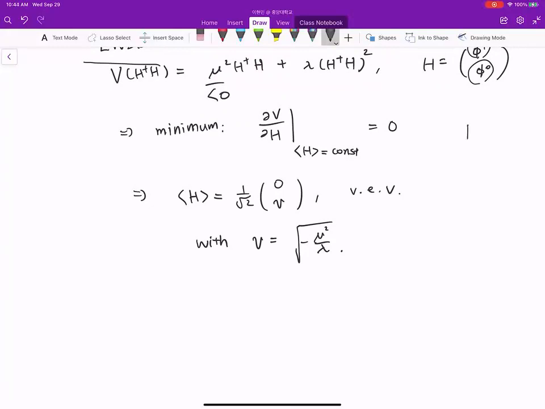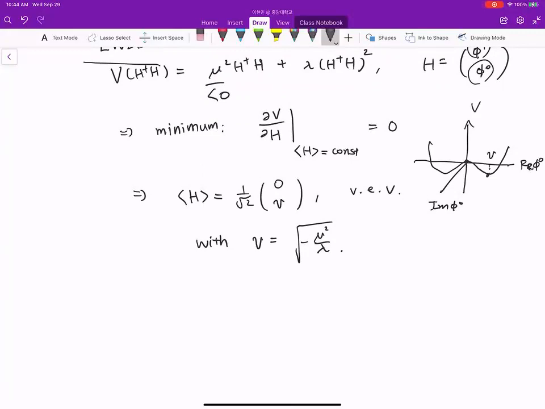So Higgs potential, you see, we have this shape. If you take the section, the real part of phi zero and this orthogonal direction, the imaginary part, for instance. So here we have V, this is the Higgs potential.